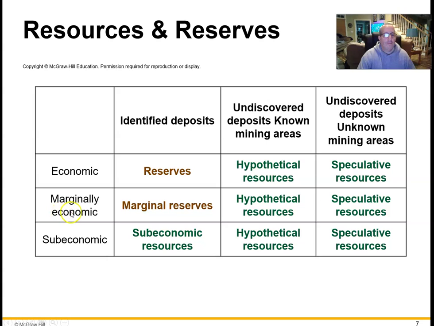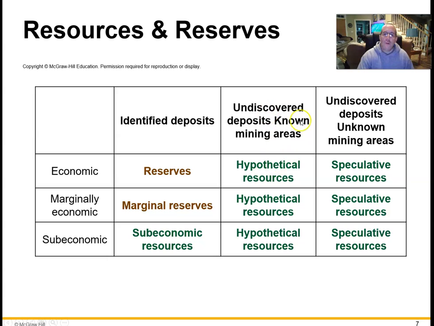And then you have, it's kind of borderline. We could mine this right now and probably make money on it, but probably not much money. That's going to be a marginal reserve. That's the ones that they're going to put on the list and not do right now, but they have it in their back pocket if we really need this in the next few years. And then sub-economic means that they don't think that's going to make enough money to even mess with right now.